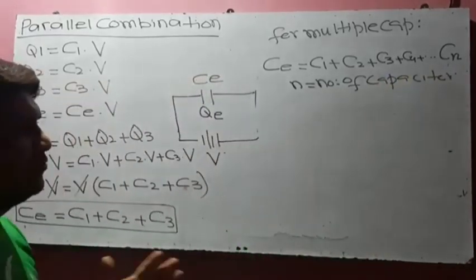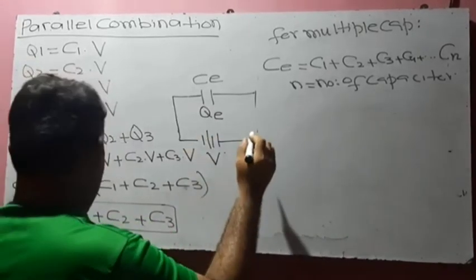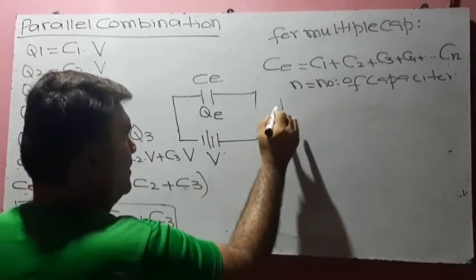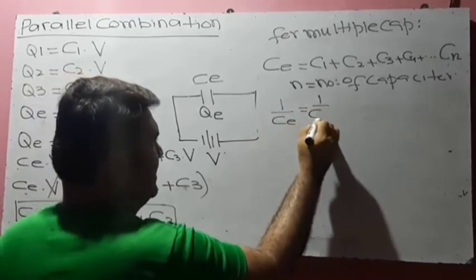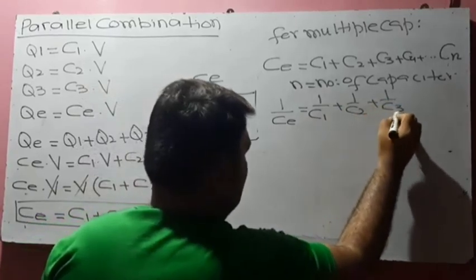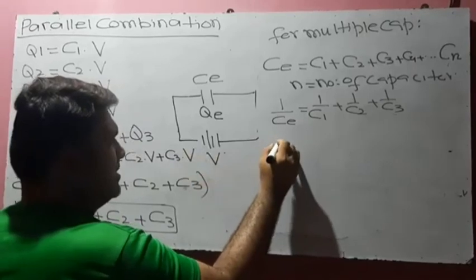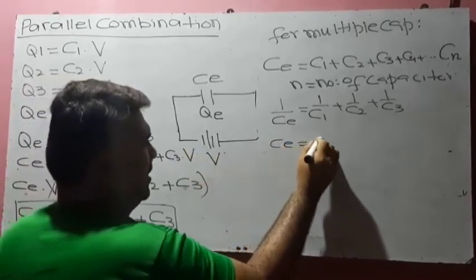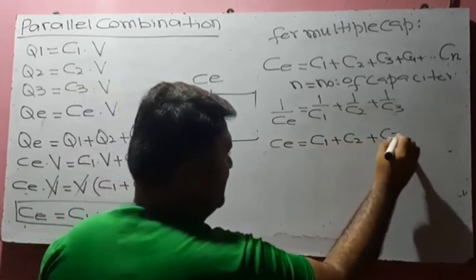Now I compare the two results. According to series combination, the total capacitance is 1 upon CE is equal to 1 upon C1 plus 1 upon C2 plus 1 upon C3, and the parallel combination is CE is equal to C1 plus C2 plus C3.